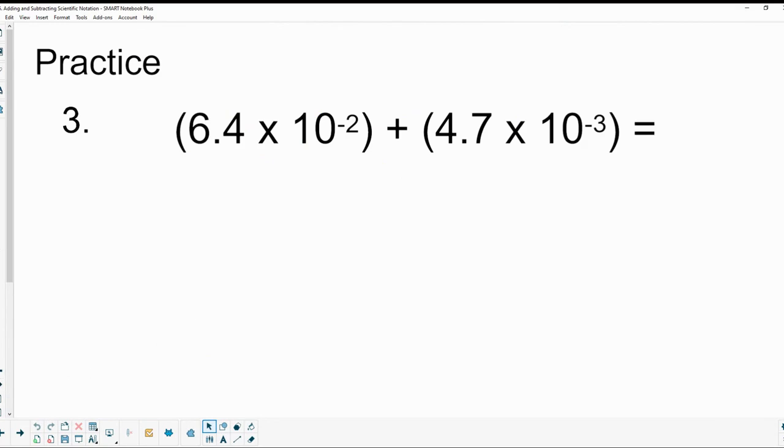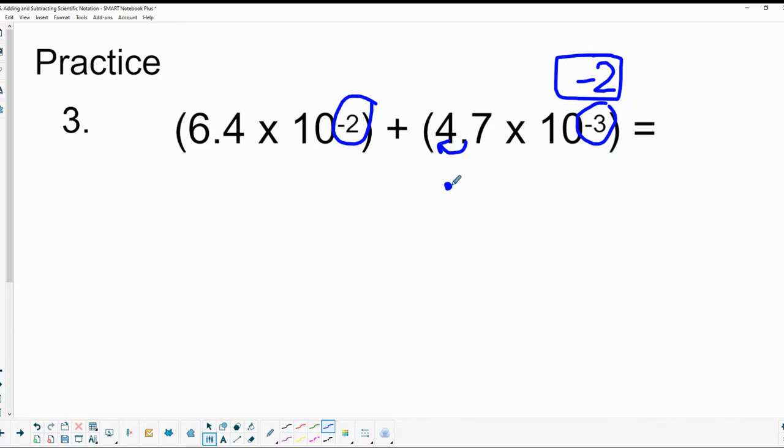So on this one, you're looking at your notes. We notice that the powers of 10 are not the same, and the smaller power of 10 is -3. We want this to be a -2. So in order to do that, we have to move the decimal one place to the left on that coefficient.